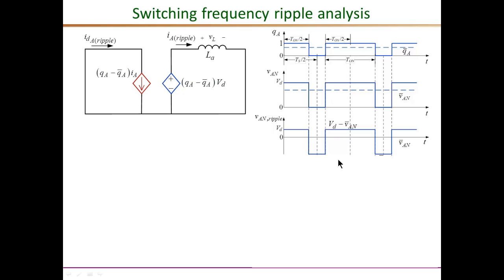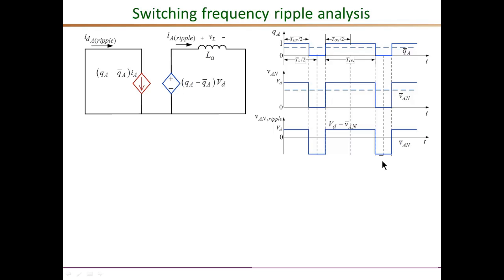So during the on interval, the inductor voltage is VD minus VAN average, and during the off interval, Q is 0. Therefore, the secondary voltage is nothing but minus D times VD, or minus VAN average. That is this magnitude, a negative value.